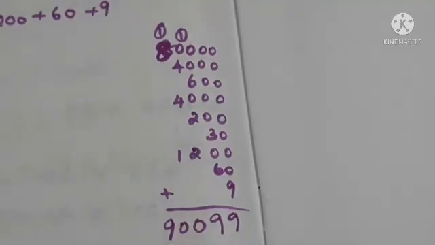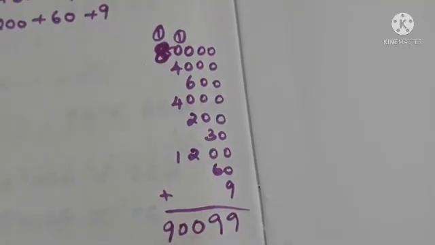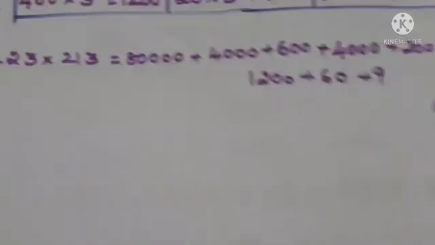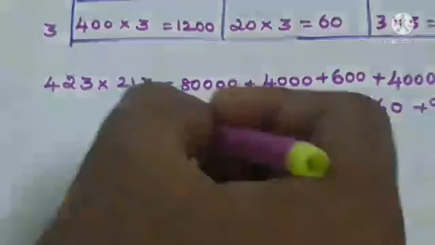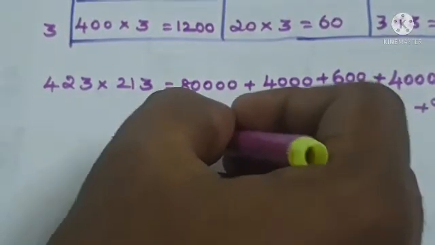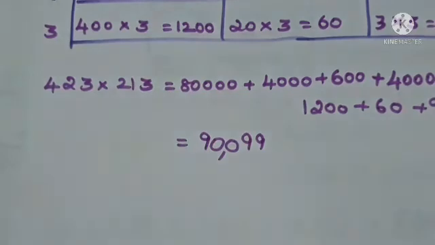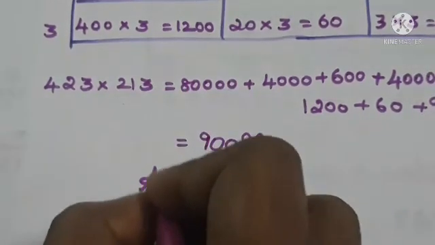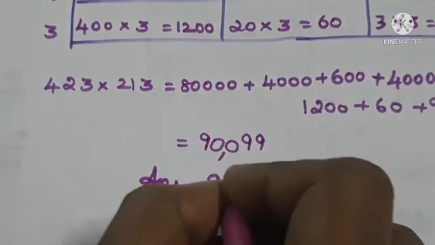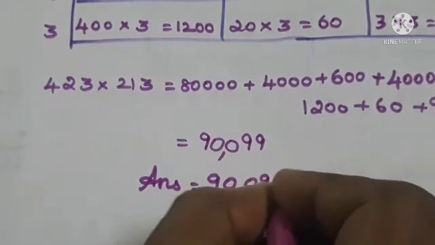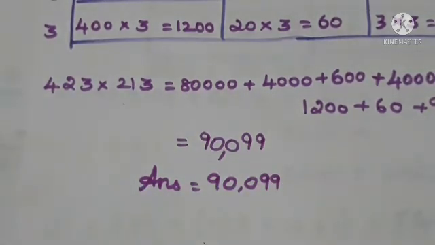So our answer is 90,099. We can write the answer here: 90,099, and place the comma. So the answer is 90,099.